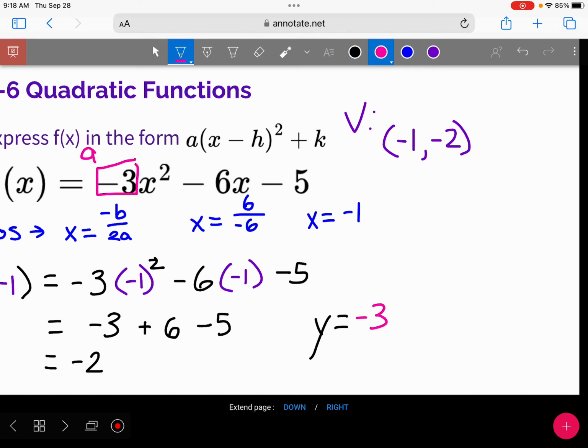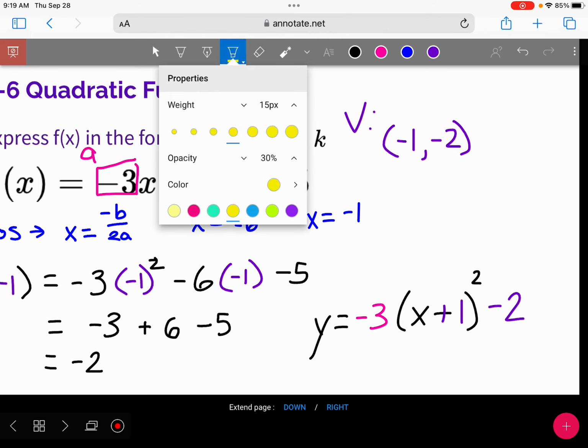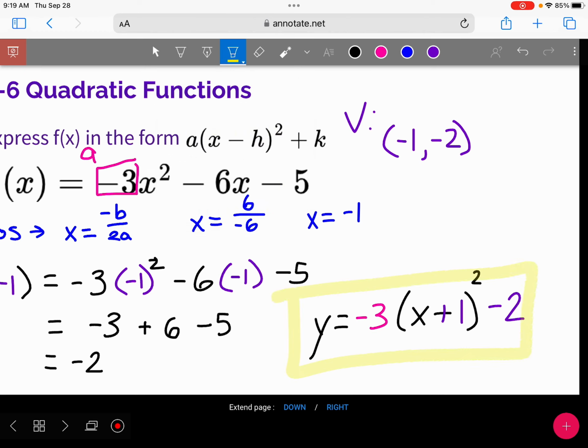Negative 3, x minus the x value from our vertex of negative 1. x minus negative 1 becomes x plus 1, squared, plus k, minus 2. That's our solution. There's writing it into the vertex form.